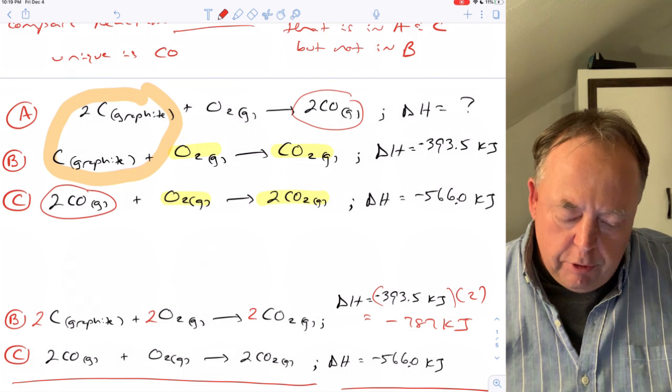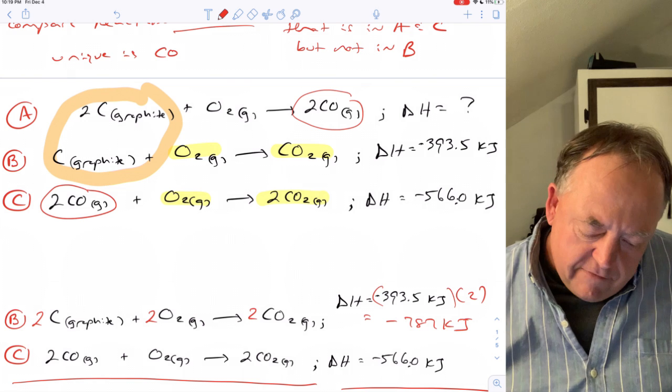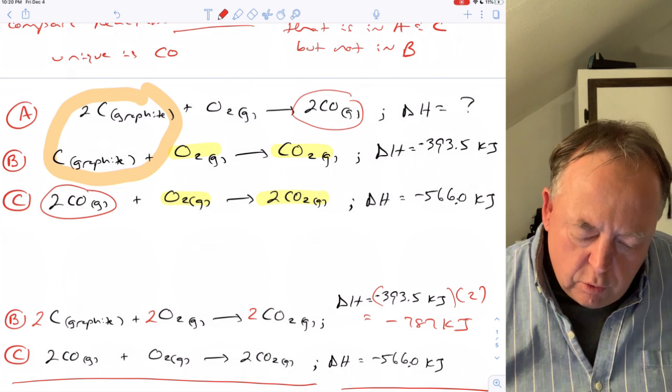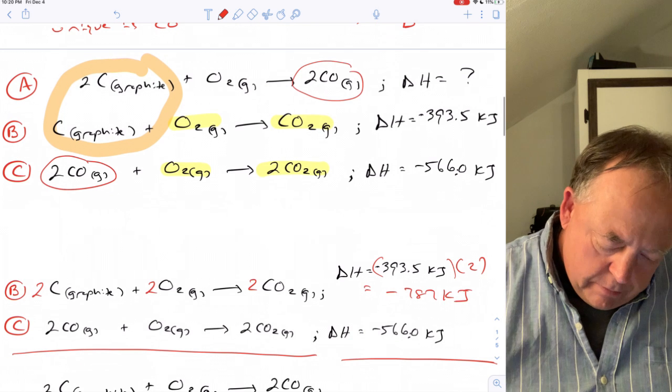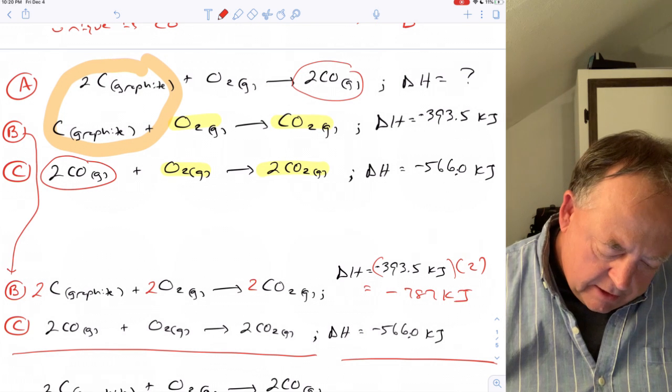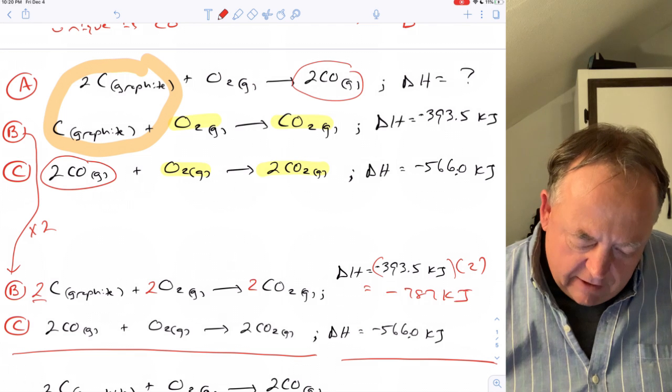Now we want to manipulate equations B and C to make those unique chemicals look like what they are in A. In A there are 2 moles of graphite, but in B there's only 1 mole. So we need to multiply everything in B by 2, so that there are 2 moles of graphite.